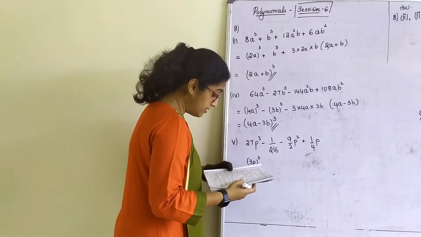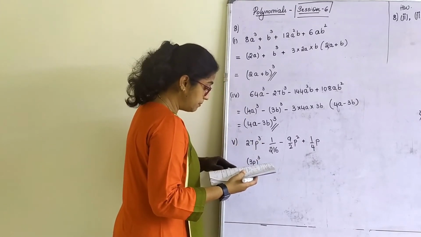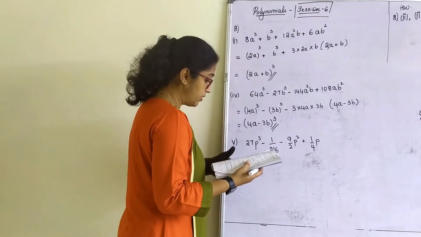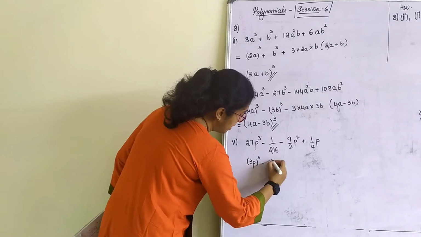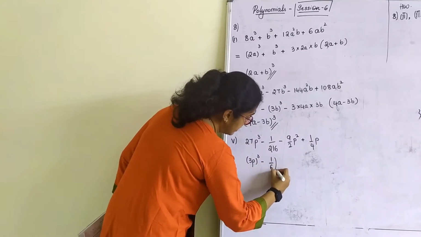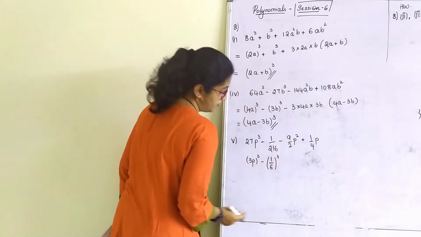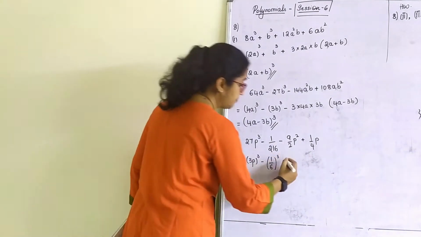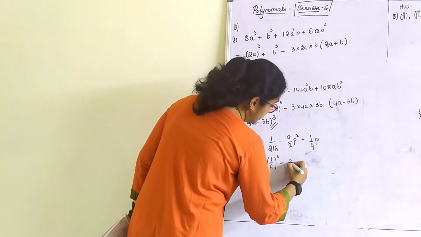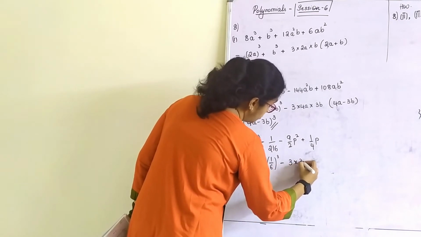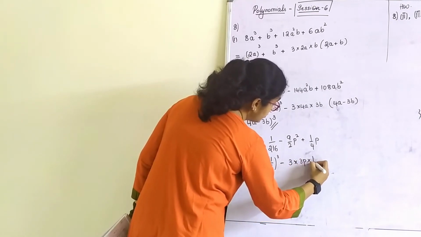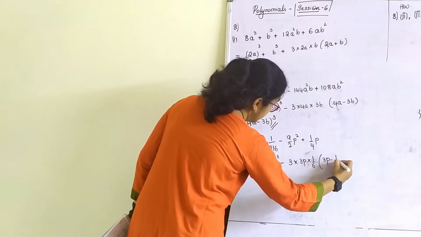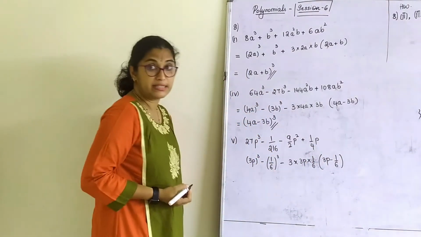So I will write this: 27p cube minus 1 by 216 minus 9 by 2p square plus 1 by 4p is 3p minus 1 by 6 whole cube. Our thing is to identify the first and the last term only. Minus 3ab, that is 3 into 3p into 1 by 6, of 3p minus 1 by 6.